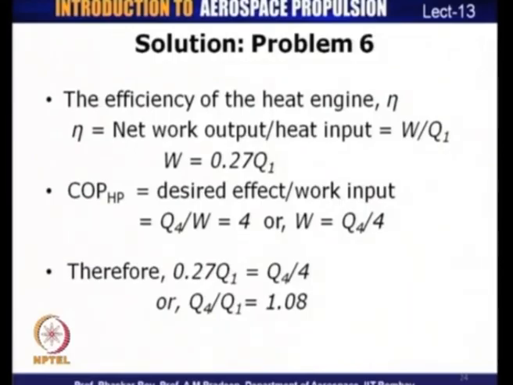So, W is also equal to Q4 divided by 4, and so if you equate these two equations in terms of W, we get 0.27 Q1 is equal to Q4 divided by 4, or Q4 by Q1 is equal to 1.08. So, the ratio of heat rejection by the heat pump to the heat transfer to the heat engine, which is Q1, is 1.08.